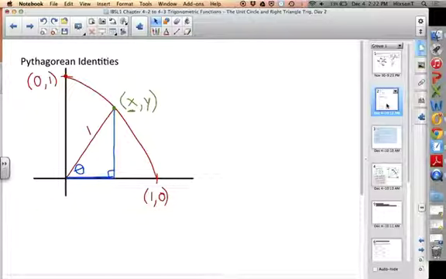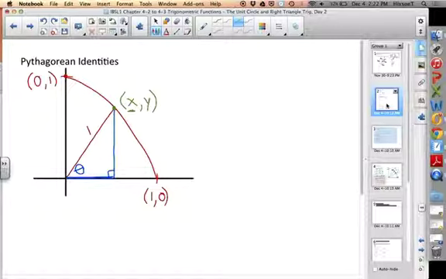I want you to think about this right triangle in terms of theta. How can you know the hypotenuse is 1? It's a unit circle. So that's one of the things we said yesterday. A unit circle is called a unit circle because it's 1 unit for the radius. Alright, so we have this. How could I express this bottom side here in terms of theta, in a unit circle?